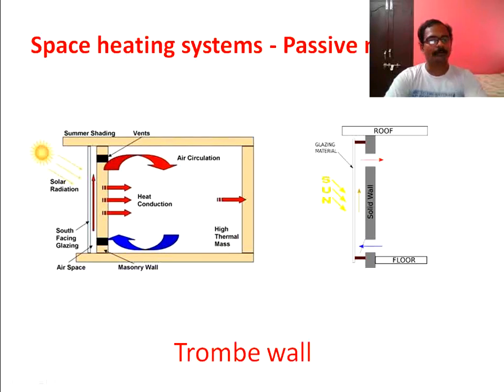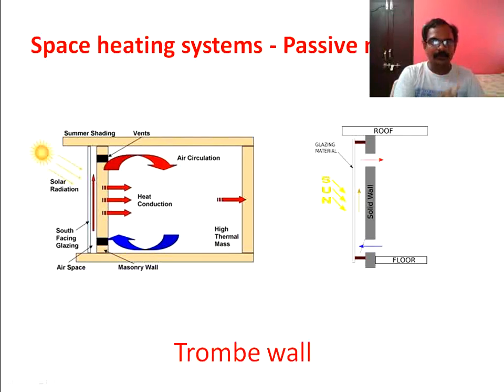So what is this Trombe wall? We will choose a south facing window. We have a house, and we have a south facing wall, and in that wall we will make two vents, one at the top and the other at the bottom, for the air to circulate.